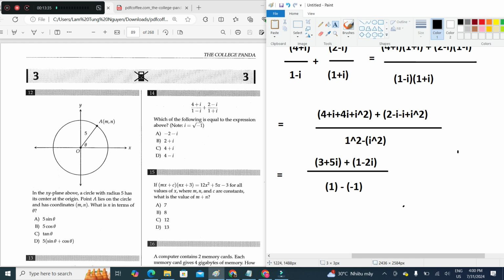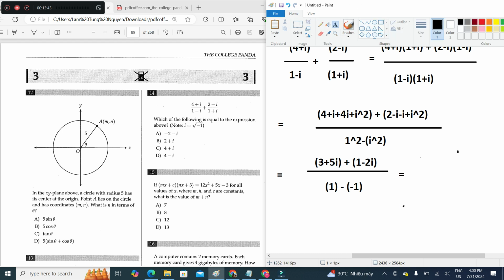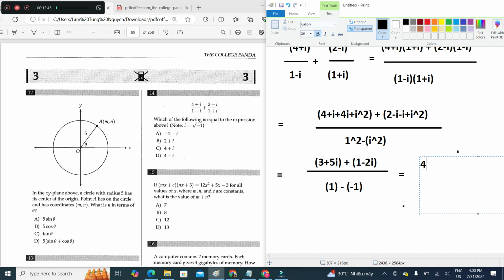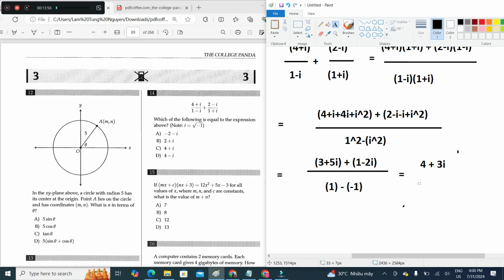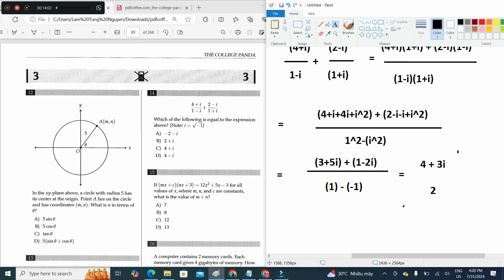On the numerator now we have 3 plus 1, that's 4. 5I minus 2I, so that's plus 3I, over 1 minus 1 is just 2.